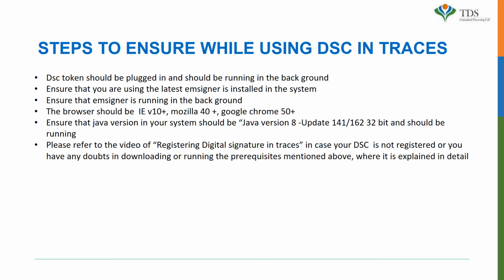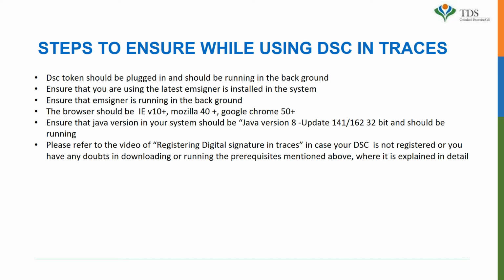You have to ensure a few things in your computer or laptop before using the digital signature certificate. The digital signature certificate token should be plugged in and should be running in the background. Ensure that the latest mSigner is installed in the system and running in the background. The browser you are using should be Internet Explorer version 10+, Mozilla version 40+, or Google Chrome version 50+.